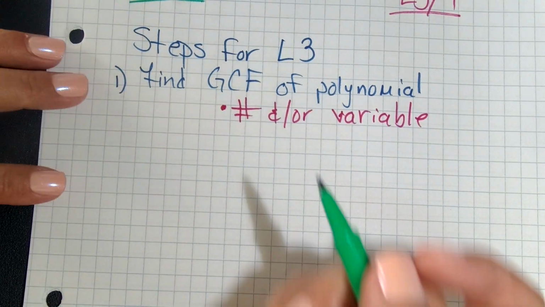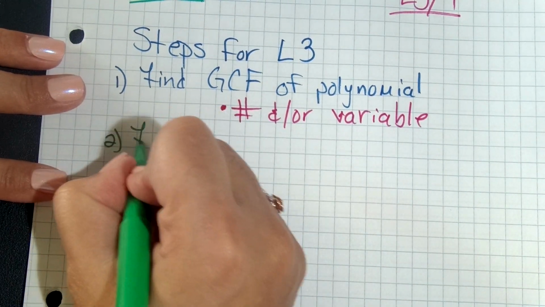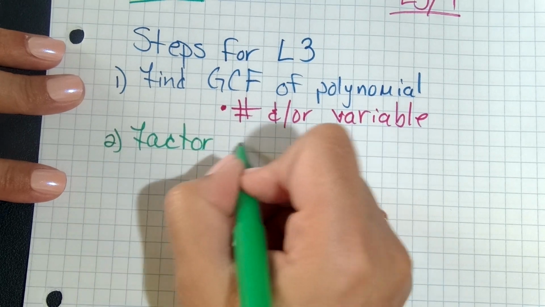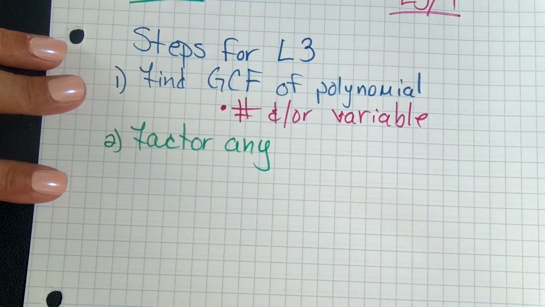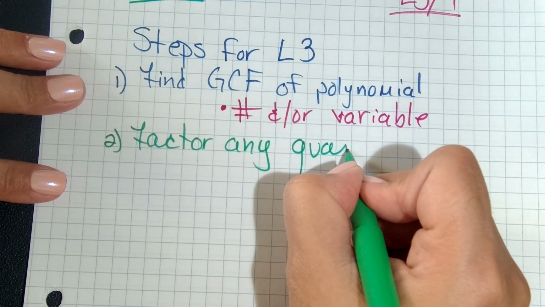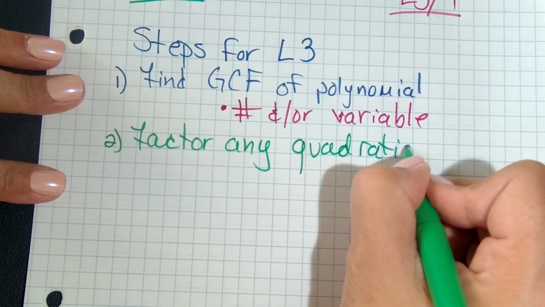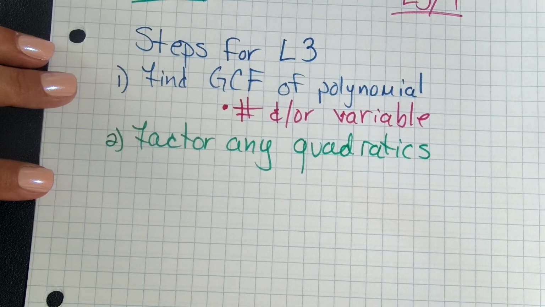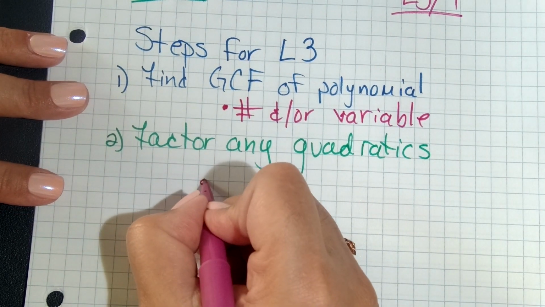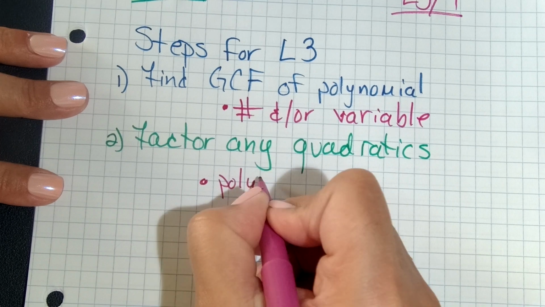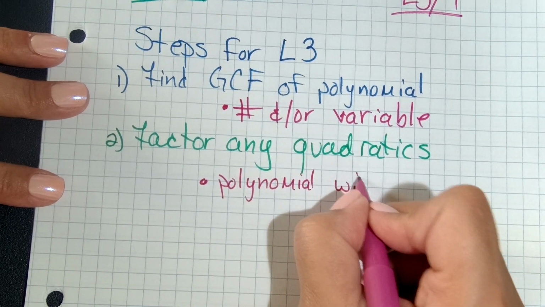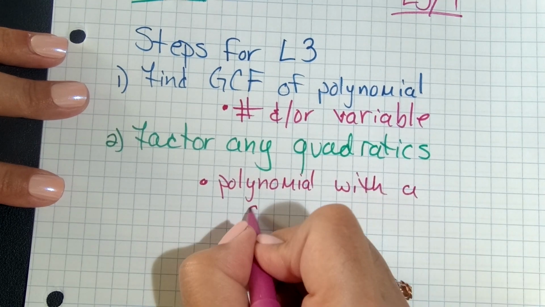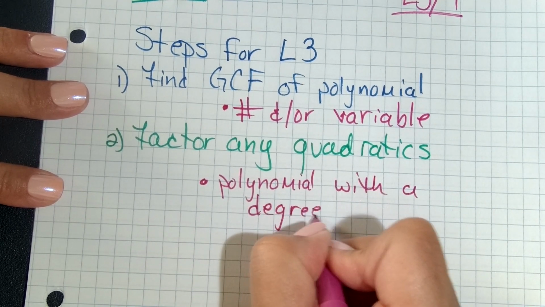The next thing you're going to do for level 3 is you're going to factor any quadratics. Miss Santana, what is a quadratic? A quadratic is a polynomial with a degree 2.